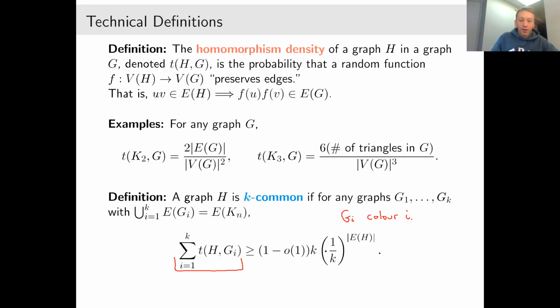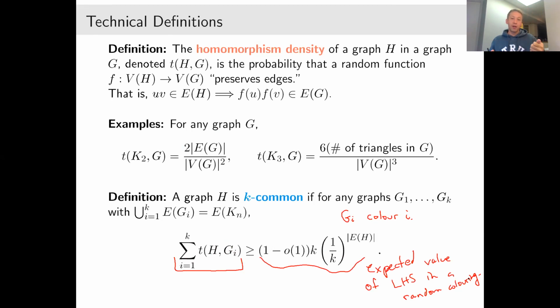In a random coloring, this right-hand side is the expected value of the left-hand side. Meaning, if these graphs Gi were produced by, well, not a coin exactly, but for every edge picking one of the k colors uniformly at random, independently of the other edges.